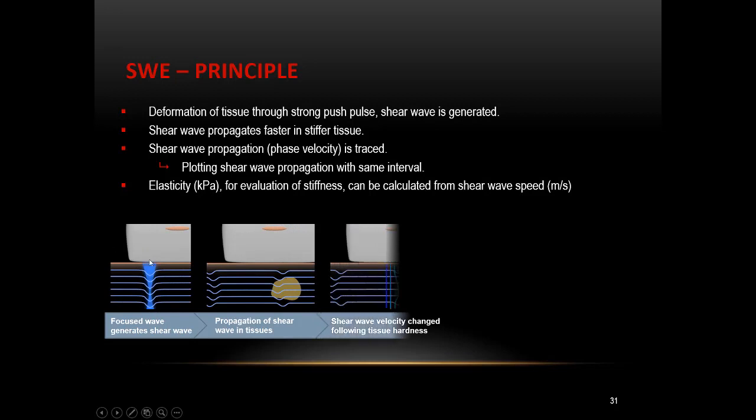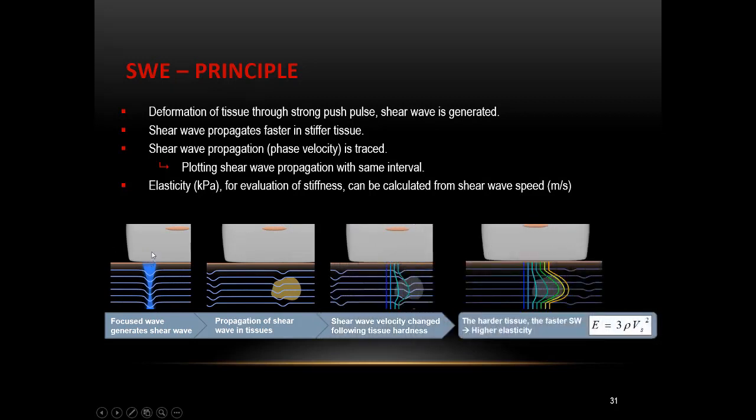So we apply it like this. At first, the machine sends a push pulse, which is a low frequency or shear wave, and then creates the lateral wave to assess the liver tissue or lesion. If the tissue is stiffer or harder, the lateral shear wave will go faster. The elasticity corresponding to the shear wave is E equals 3 rho times the shear wave speed squared.